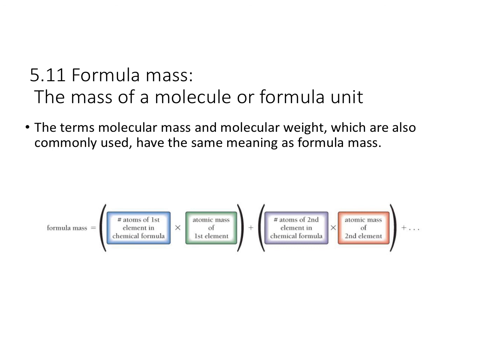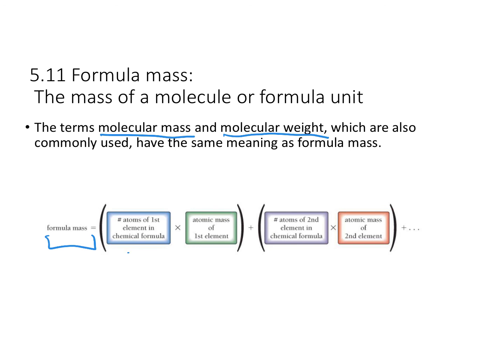Previously in the class, we talked about the mass of each element, right? To calculate the mass of a compound, we call that molecular mass or molecular weight or formula mass. All of them are synonymous.